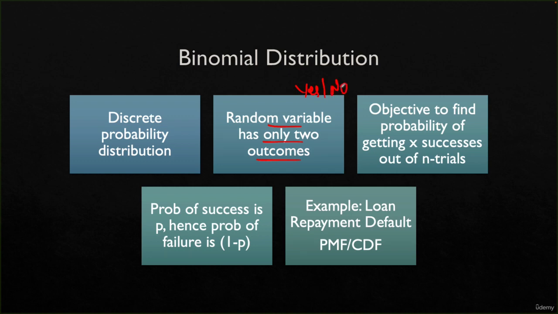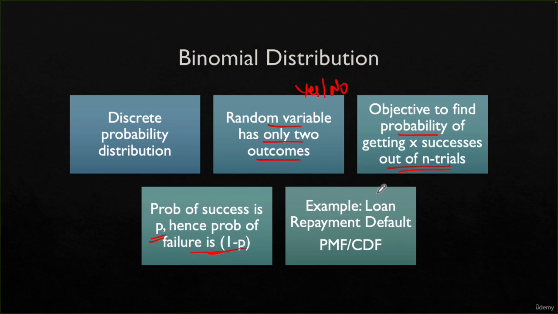The overall objective is to find the probability of getting X successes out of n trials. Suppose the probability of success is P, then from the rule of complement, the probability of failure is 1 minus P.